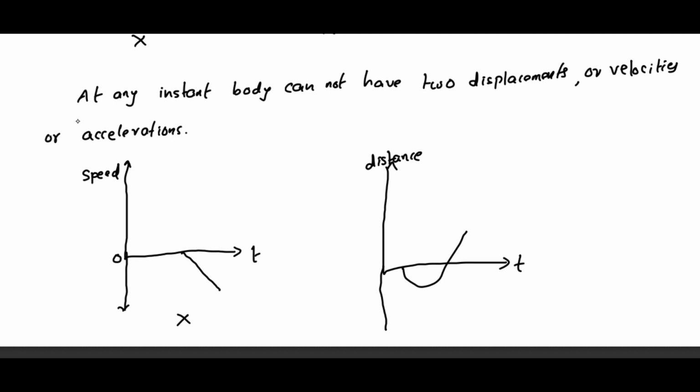Negative distance won't be possible. Why? Because distance and speed are scalar quantities, and these two will have positive values only. They don't have negative values. But instead of speed, if you take velocity, that can be possible. Instead of distance, if you take displacement, that can be possible.